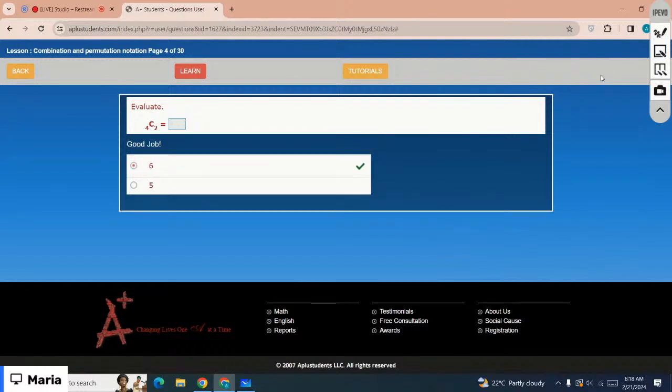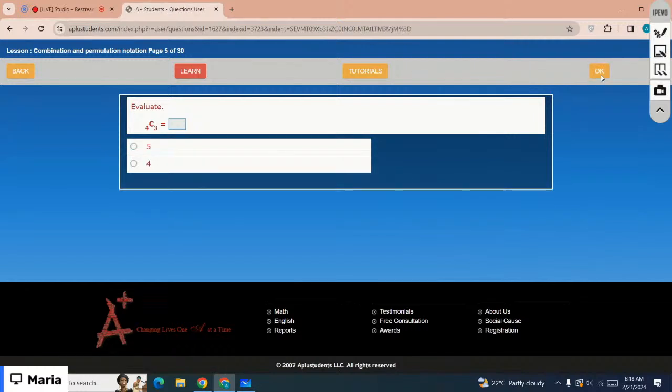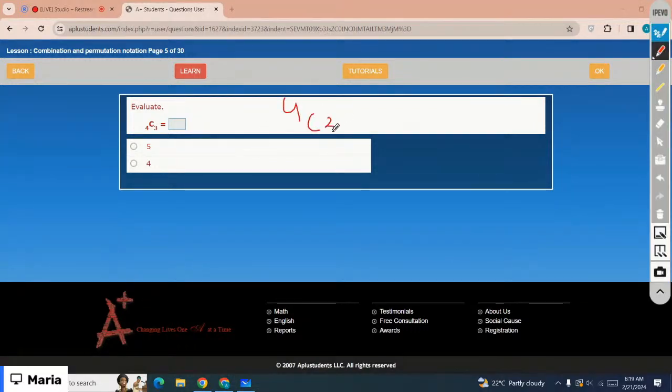The next one is 4C3. So which is the correct option? You have to do 4 factorial divided by 3 factorial and 4 minus 3 factorial.